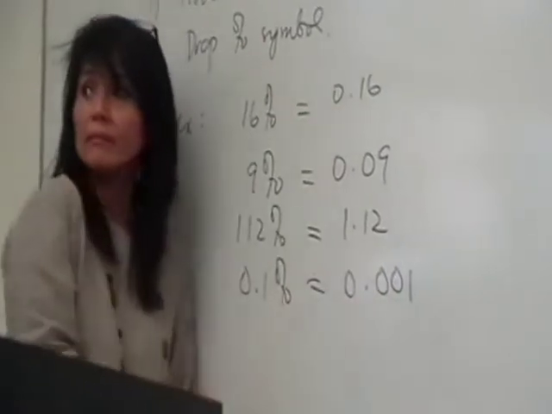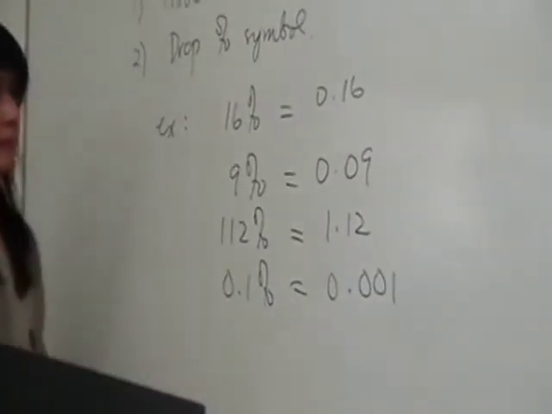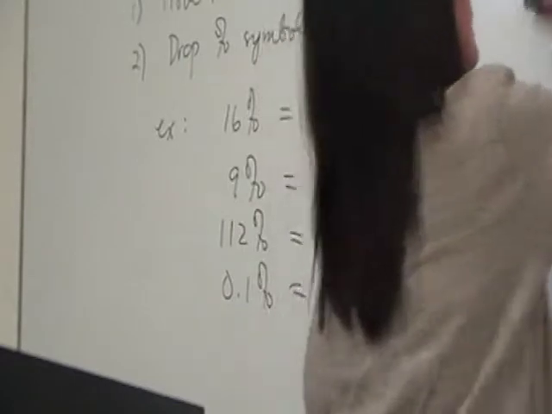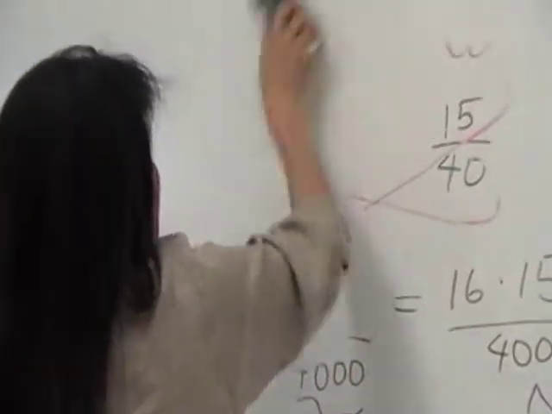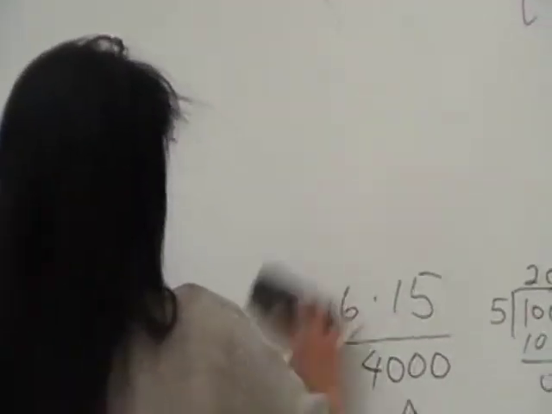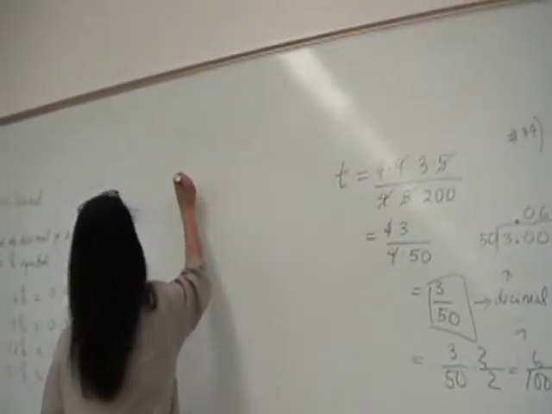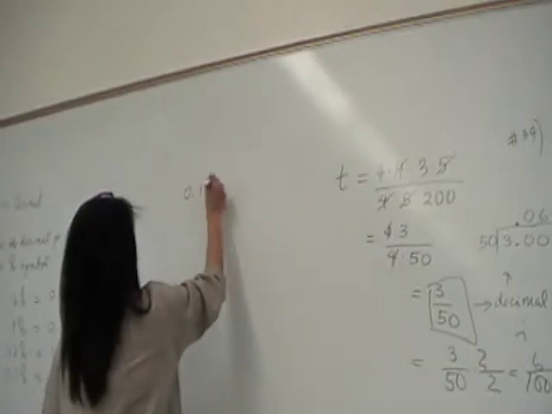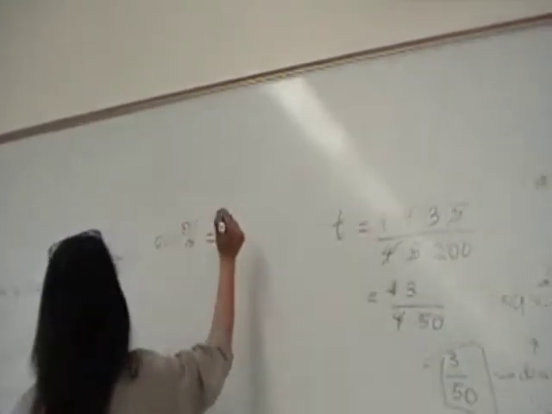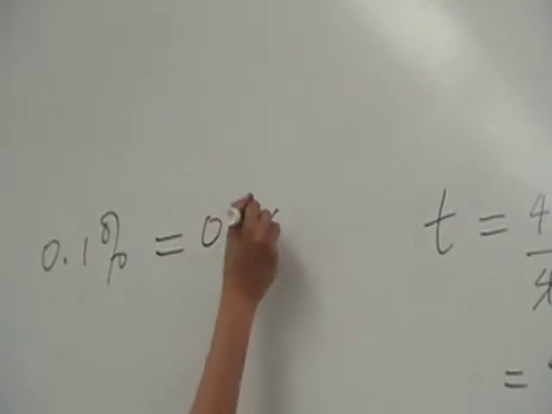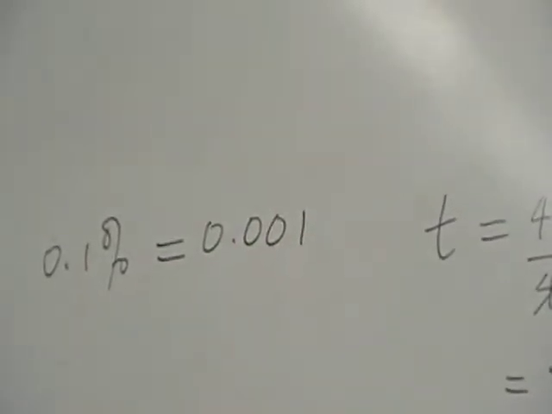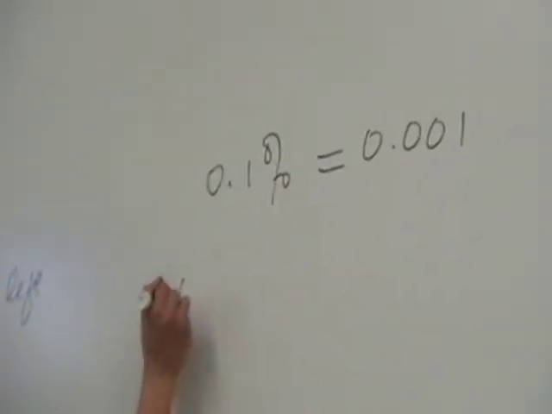Even if you put 0.00516, it's still 2 places. Always 2 places to the left. Okay? So 0.1% will just be 0.001. Clear?